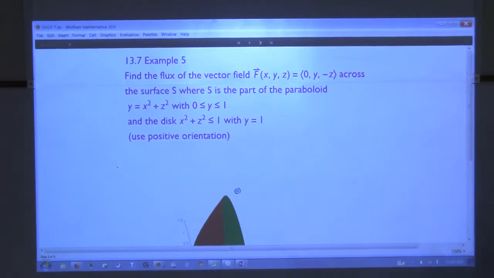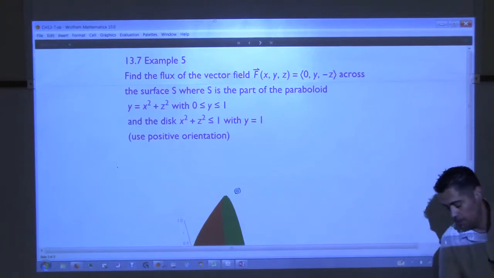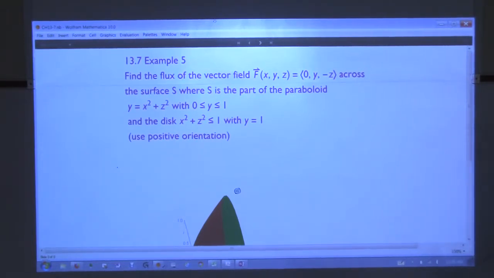Find the flux of a vector field F(x, y, z) = <0, y, -z> across the surface S, where S is part of the paraboloid y = x² + z² with y between 0 and 1, and then the disk x² + z² ≤ 1 with y equal to 1.